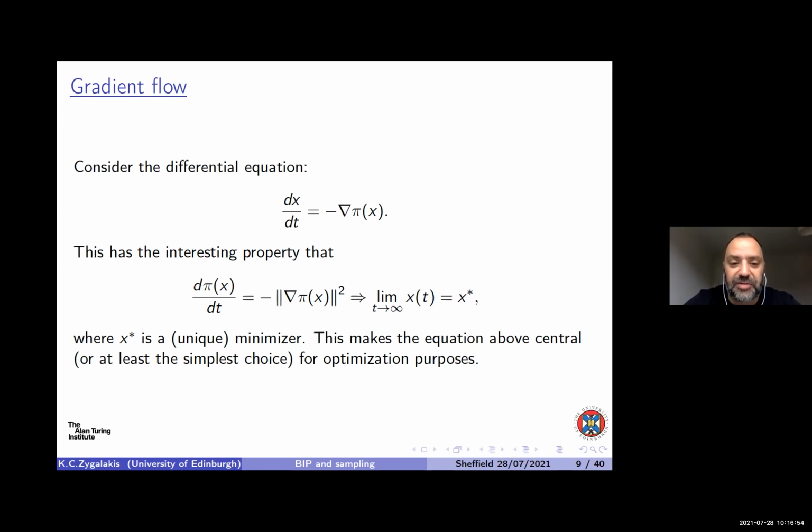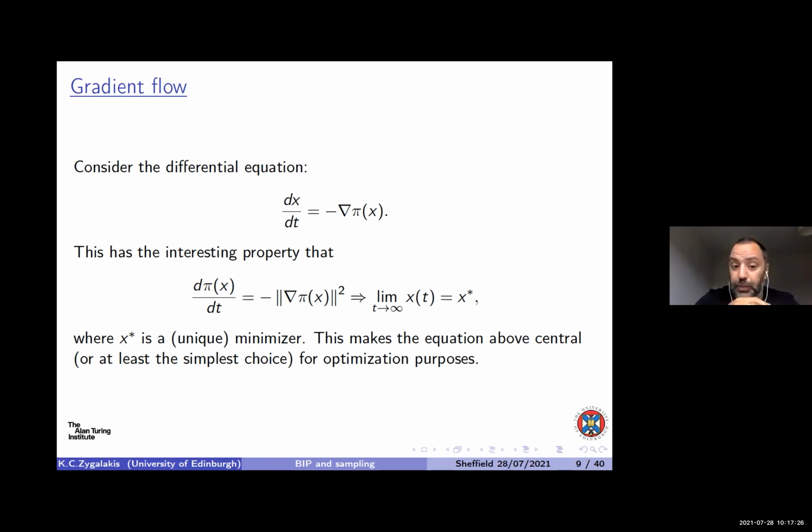You just differentiate your function pi of x along the trajectories of this equation. And what you basically see by just using the simple chain rule is that pi reduces as a function of time. Okay. And if you assume that your pi was bounded from below, which would be according to the assumptions that we have, the only thing that can happen is for x, as t goes to infinity, to converge to a point for which the gradient of pi would be equal to 0.